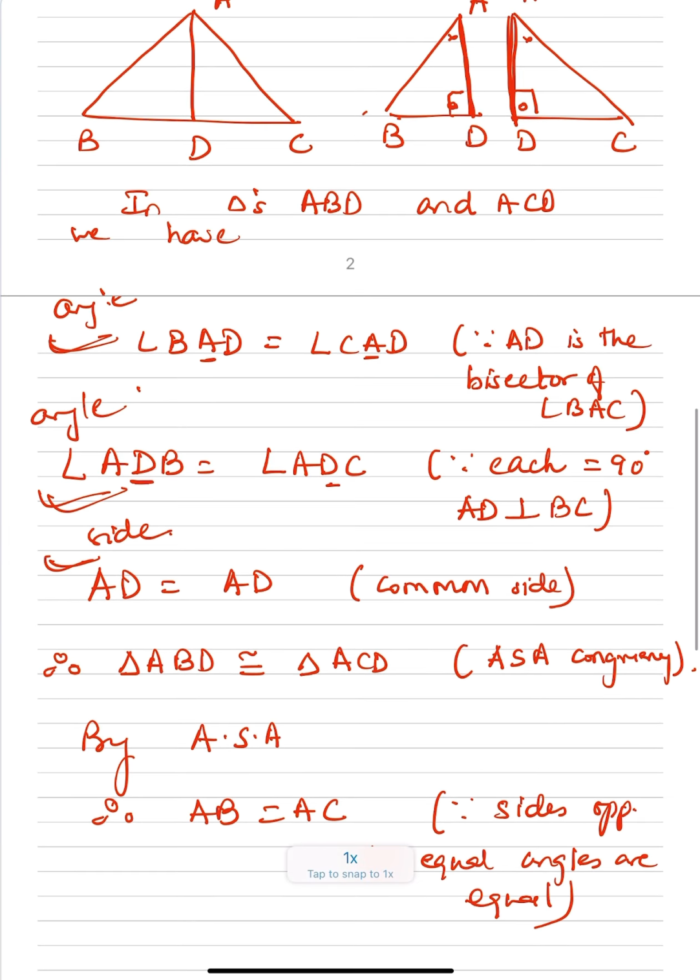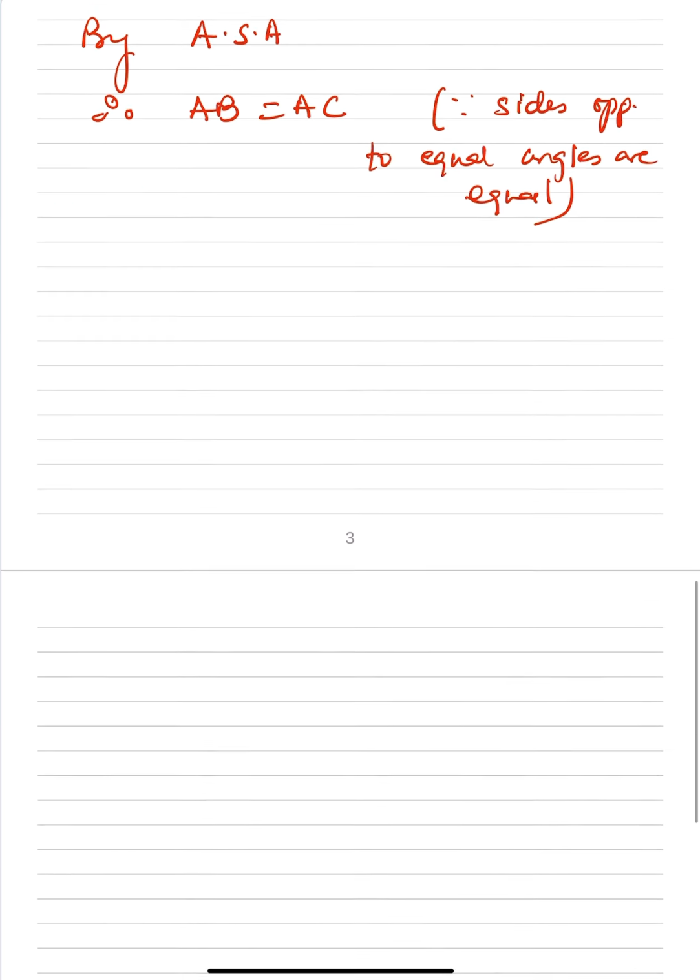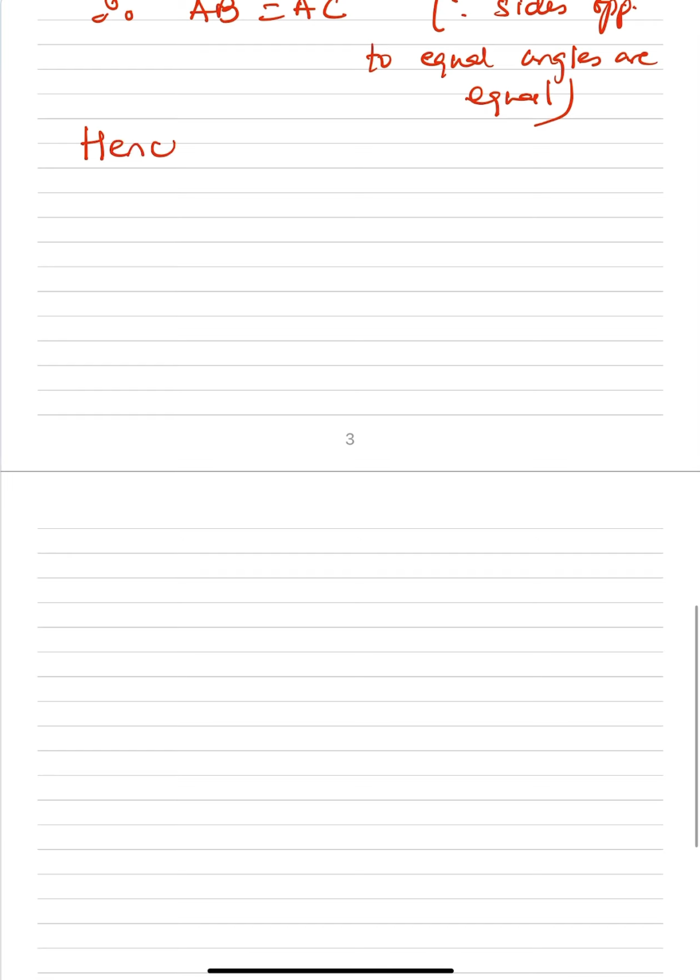So this is the opposite side of angle D. So AB is equal to AC, and hence we prove that triangle ABC is an isosceles triangle. We all know what an isosceles triangle is: when two sides are equal, the two angles will also be equal. Then it is an isosceles triangle.